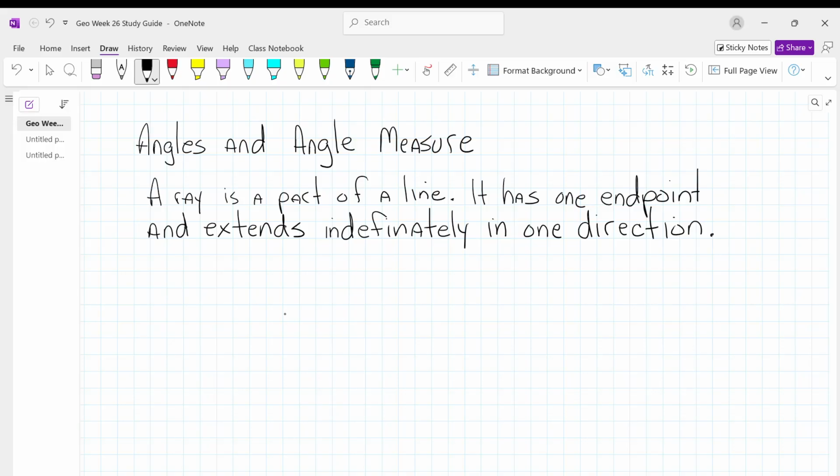All right, so right now, if we put a point on our paper, call it point A, and we just go up and to the right and put an arrow on the end of that ray, we would call this ray AB.